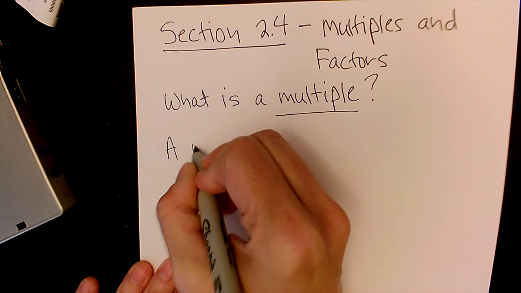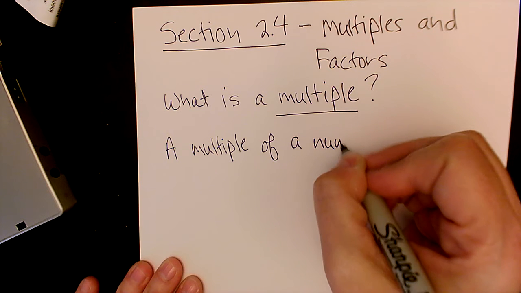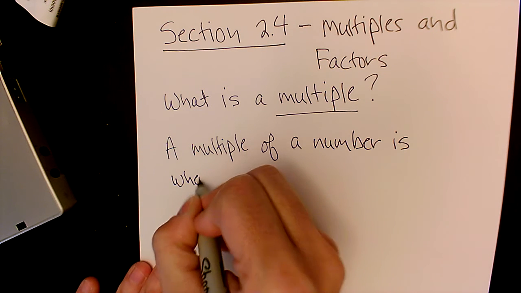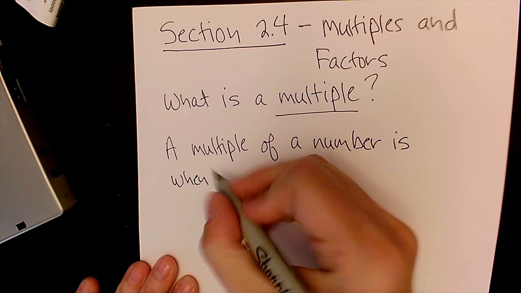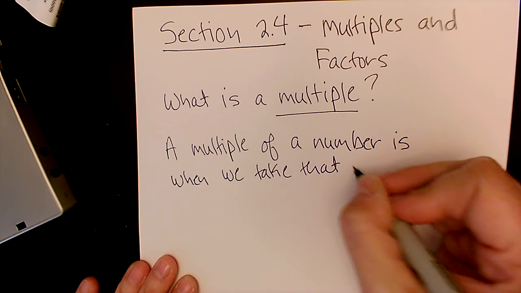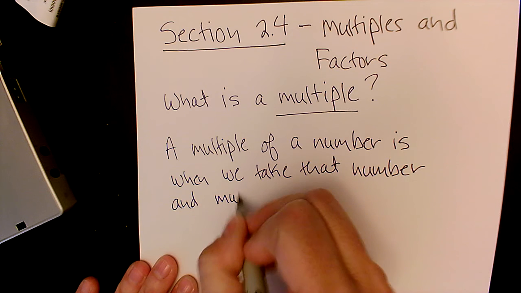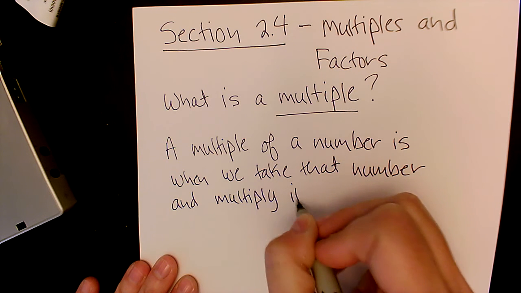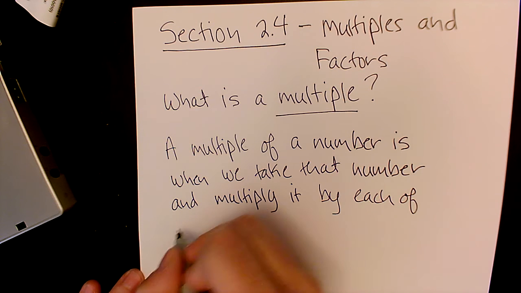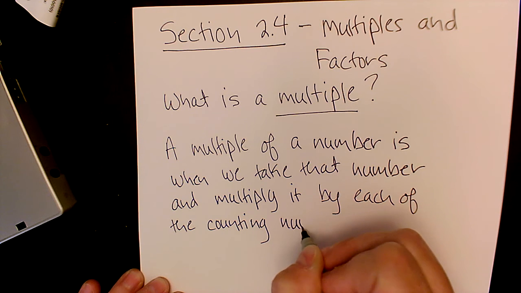So, a multiple of a number is when we take that number and multiply it by each of the counting numbers.